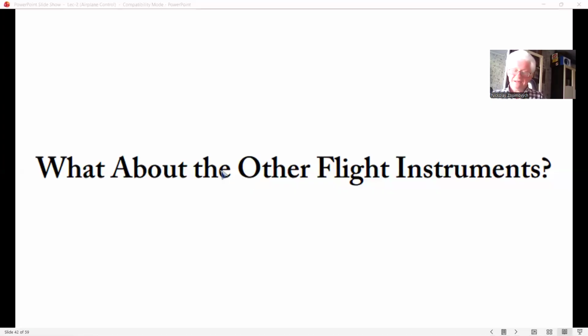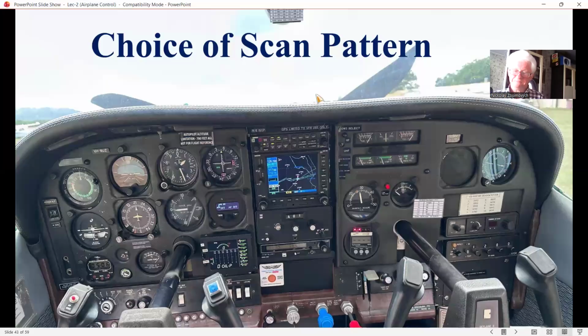Okay. Next question. Choice of scan path. Starting with your eye focused on the AI, scan the performance instrument that provides the information required. Relevant information can be obtained from different instruments depending on the maneuver.